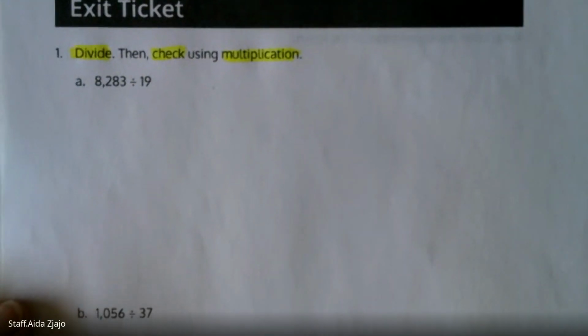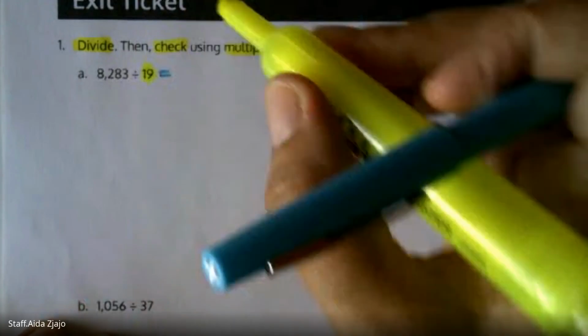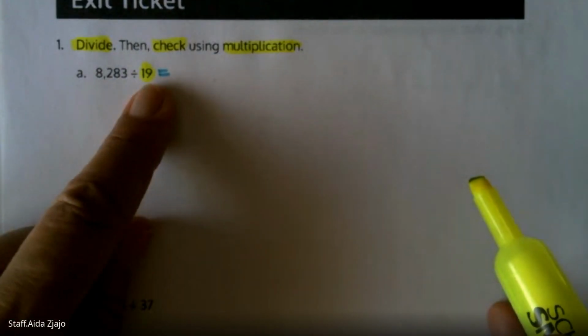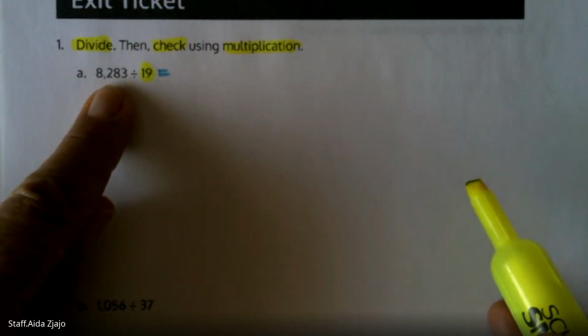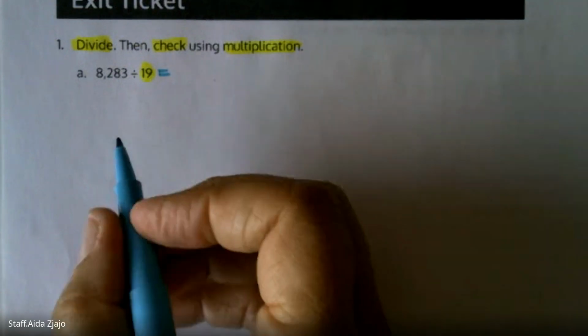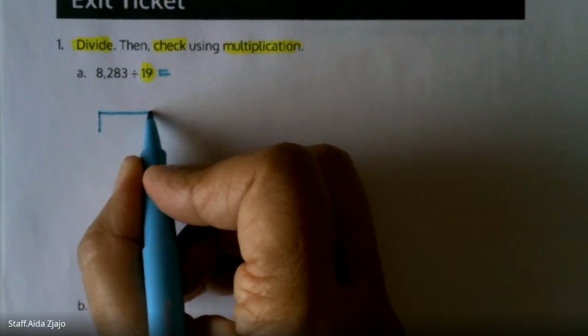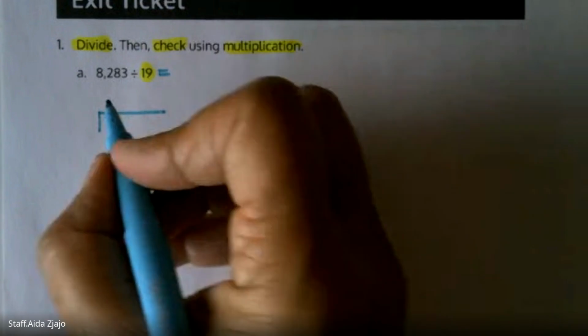So the problem is that we need to see how many groups of 19 are in 18,283. This is called the divisor and this is the dividend. Okay, so if we are using the standard algorithm, we can set it up.